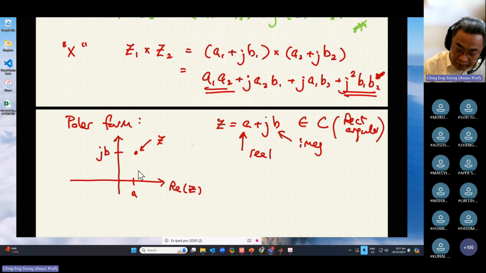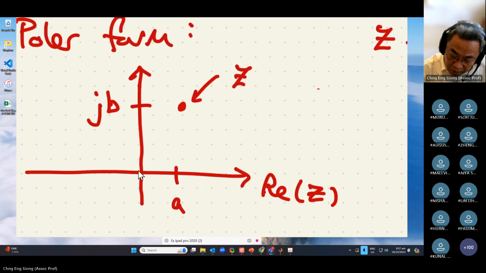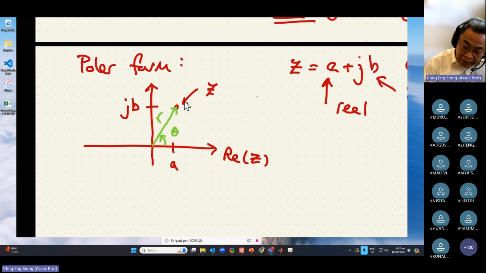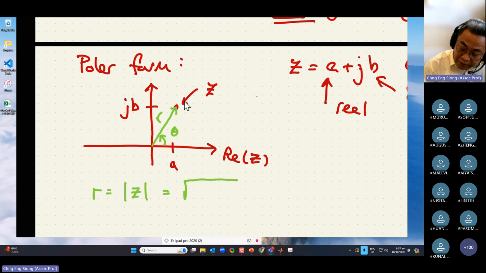Isn't there another way we can think of? We can think of this Z as a vector forming an angle and it has a magnitude or modulus R, where R equals what? The modulus of Z, the length of Z, is defined in Euclidean space as square root of a squared plus b squared, because this is a right angle triangle.